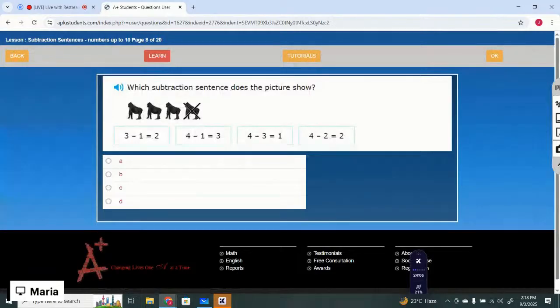Which subtraction sentence does the picture show?